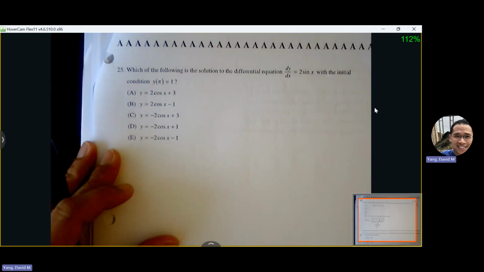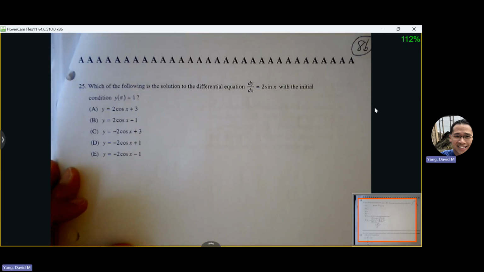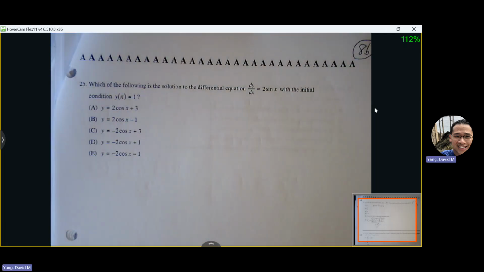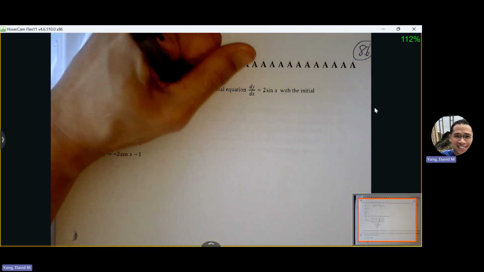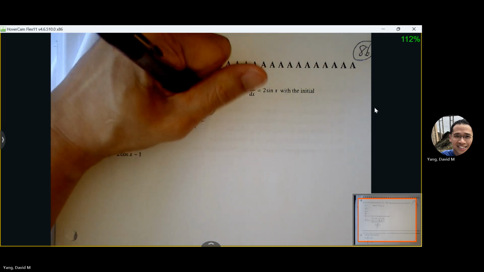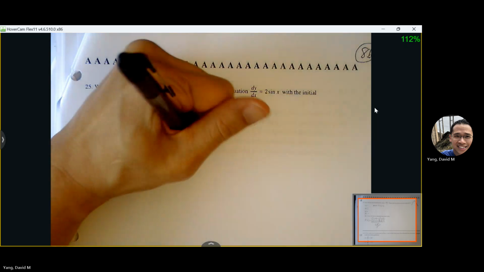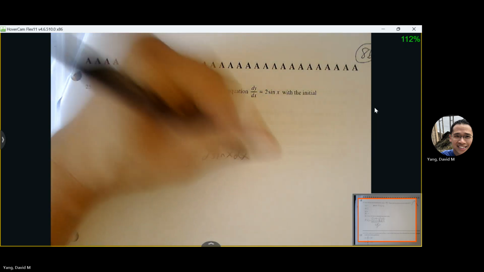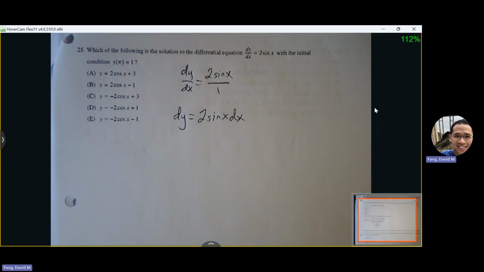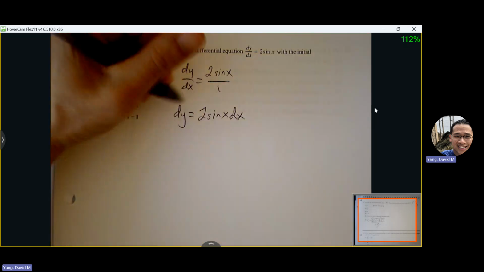Okay, solving differential equation, page 8B, number 25. Go through your steps. This one is nicely set up. Once you cross multiply, you basically have full separation of variables. There's no u substitution needed.